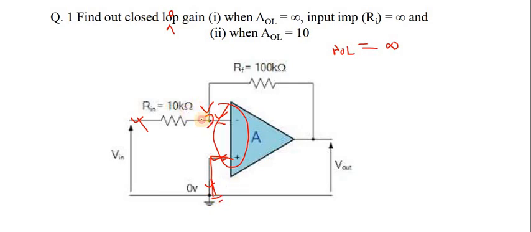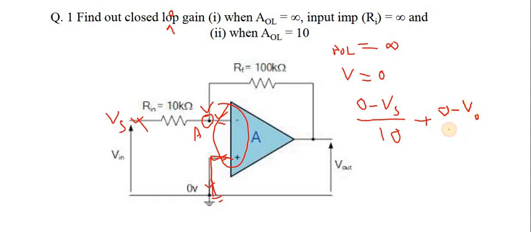So this V point voltage is also equal to 0 because of the virtual ground concept. So here V is 0. Now I can apply KCL at node A. Suppose your input voltage is Vs, so (0 minus Vs) divided by 10 plus (0 minus V naught) divided by 100 equals 0.